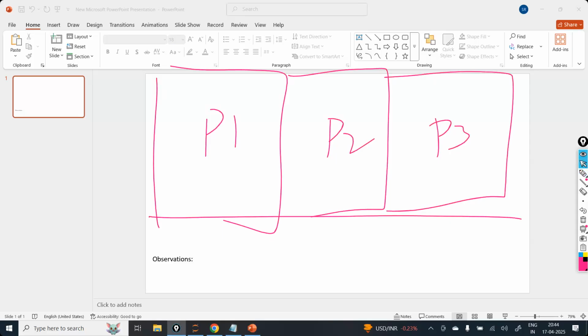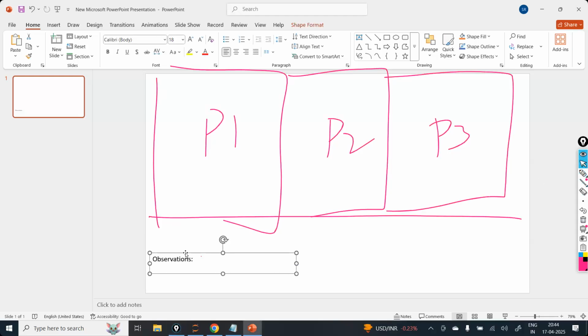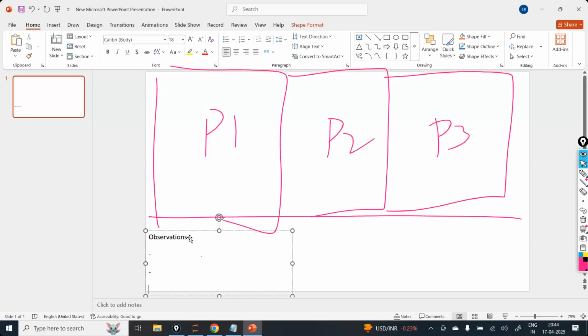Now for these 3 plots, I want to mention some observations, individually for each plot or overall. Here I'll write the heading as observation, and inside the observation I'll add the points: first point, second point, and third point. So this is the one, and here I'll explain.